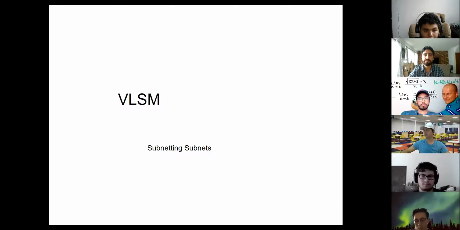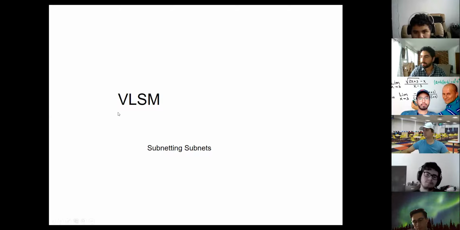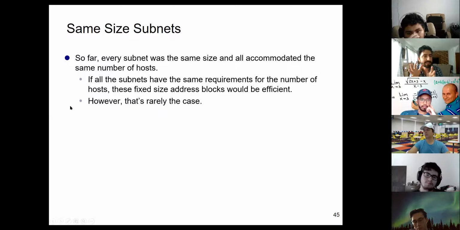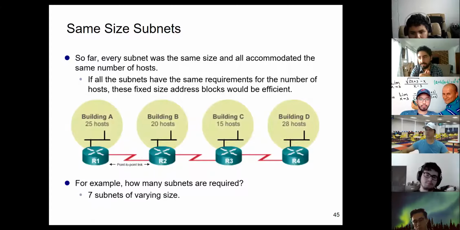Sometimes this is referred to as FLSM, or fixed length subnet masking. But what we're going to do now is study variable length subnet masking. The idea is subnetting a subnet. We don't necessarily need a fixed subnet size for all parts of our network. We can have different sizes.